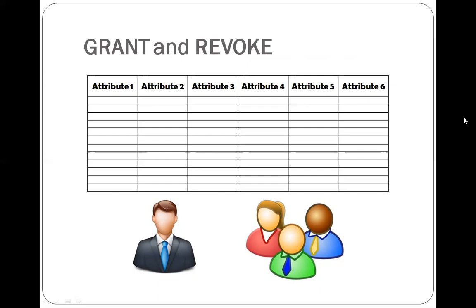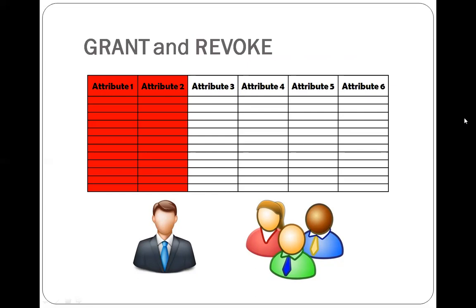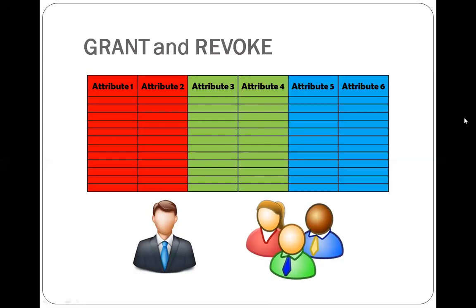Now, the DBA wants that the red person can access only this red portion. The green person can access only the third and fourth columns, the green portion, and the blue person can access only the fifth and sixth columns, the blue portion.